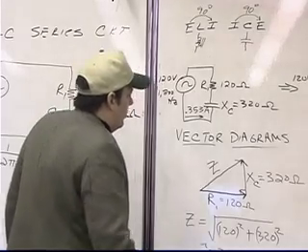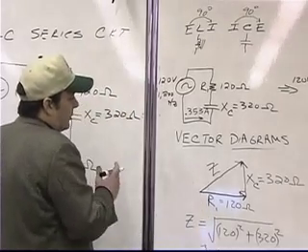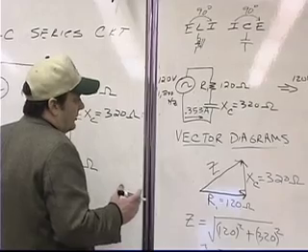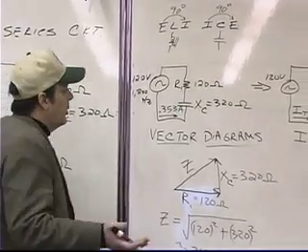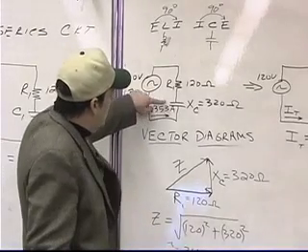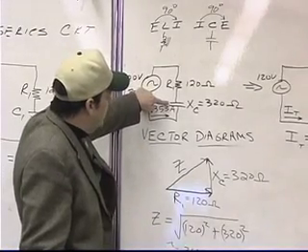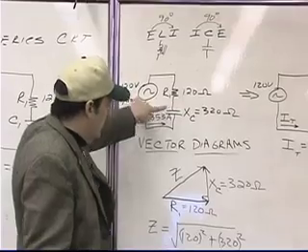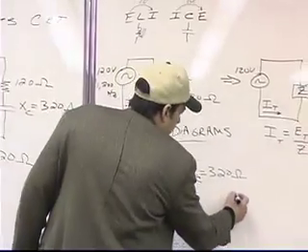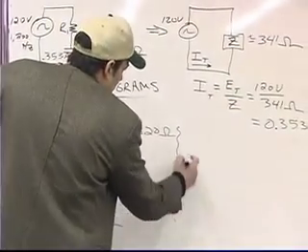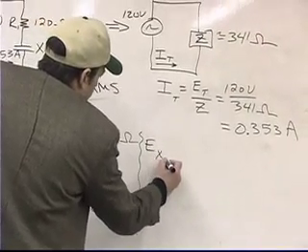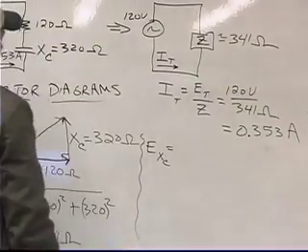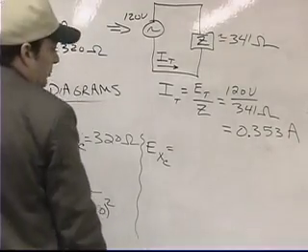Okay, so let's work backwards for a moment, and let's use Ohm's law to figure out what the voltage drop across the capacitive reactance would be, number one. So the voltage drop across X of C would be equal to, voltage is equal to what?